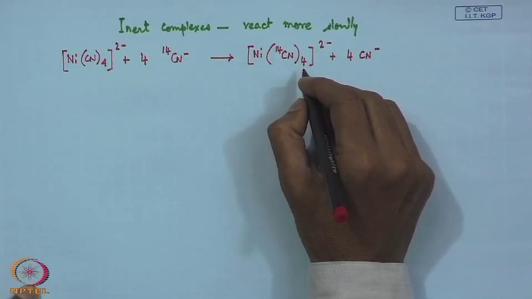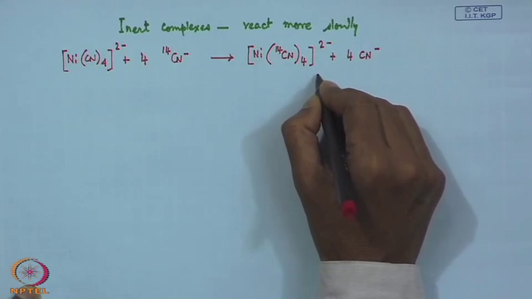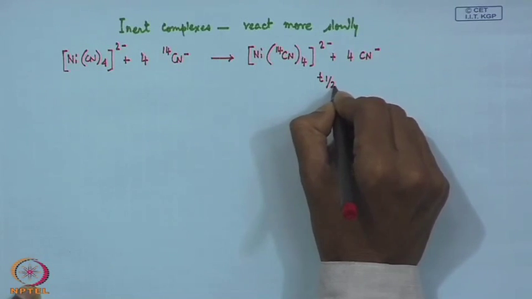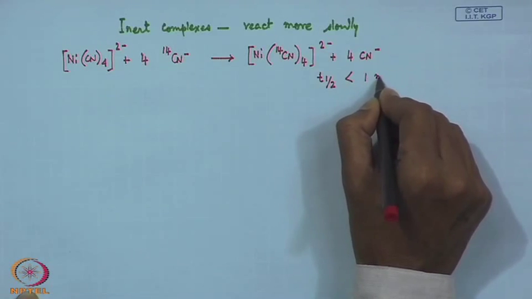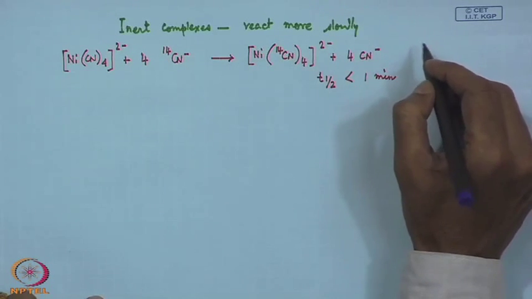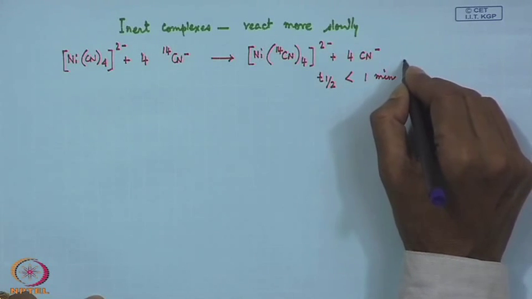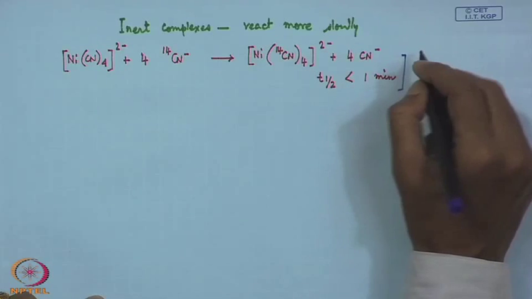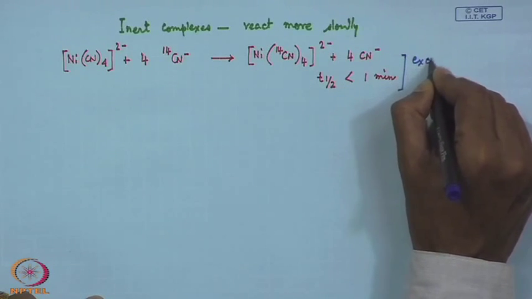and in this particular case the half life as per Henry Taube's definition is less than 1 minute. So, this particular reaction is also very fast. The cyanide exchange is quite rapid.